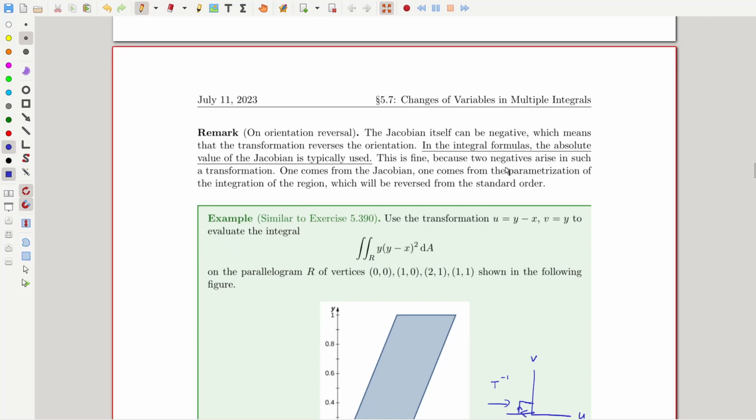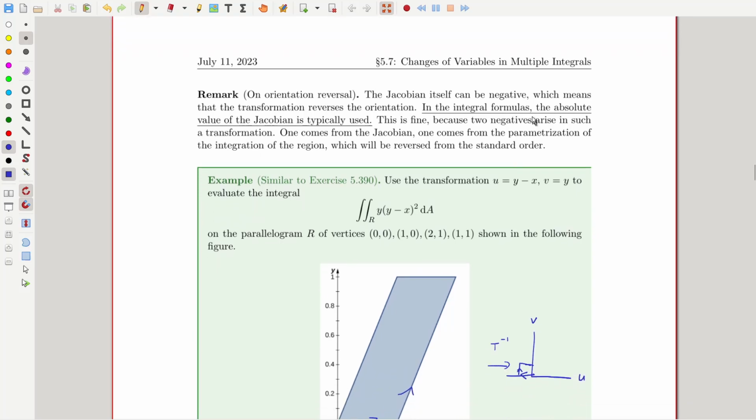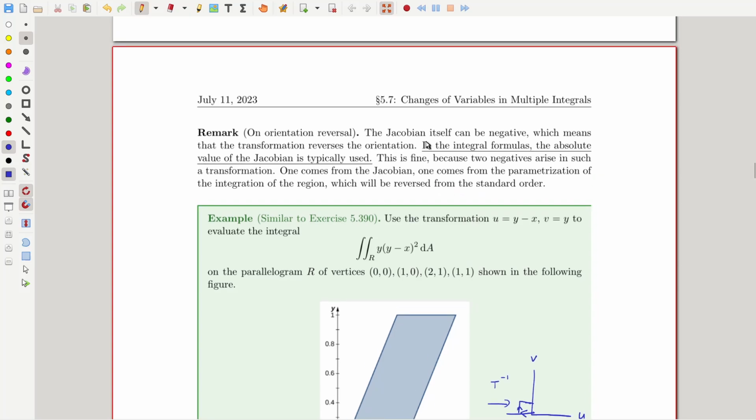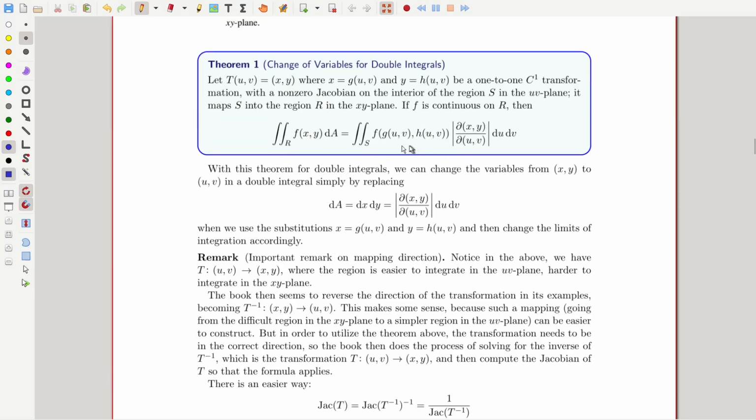So the reason that this works out fine is because when your transformation has this orientation reversing property, there ends up being two negatives that arise in the integral formula, right? In this integral formula, the first negative is clearly coming from this Jacobian, okay?